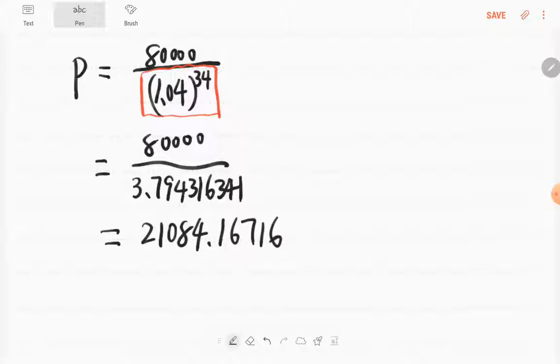In general, for money, we round to 2 decimals. So this would be $21,084.17. So this is part A.